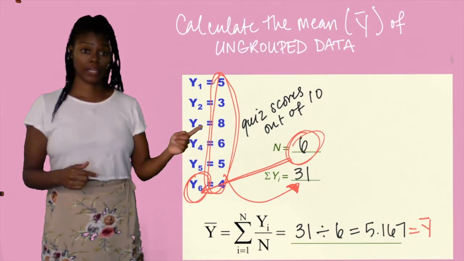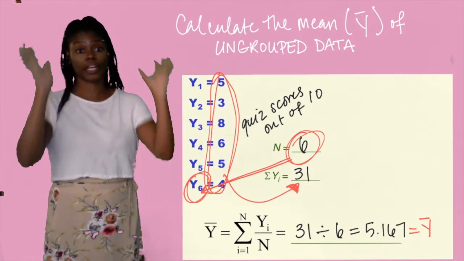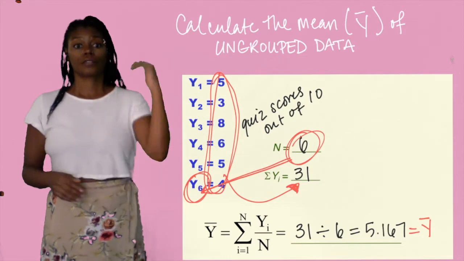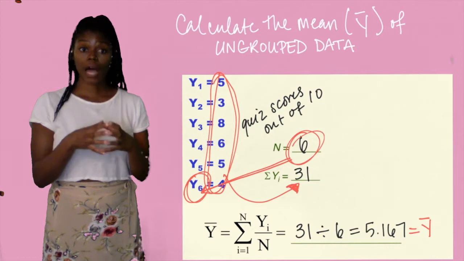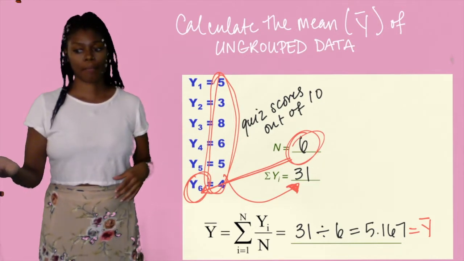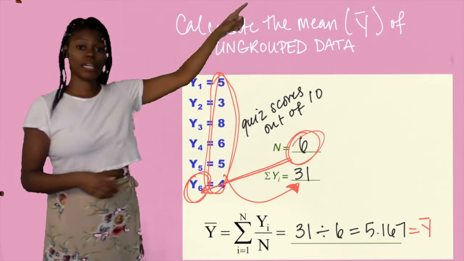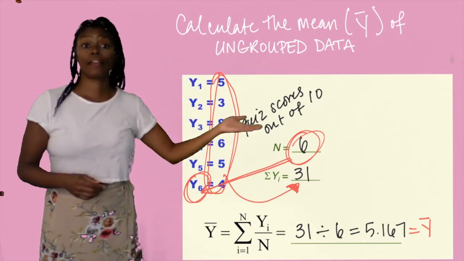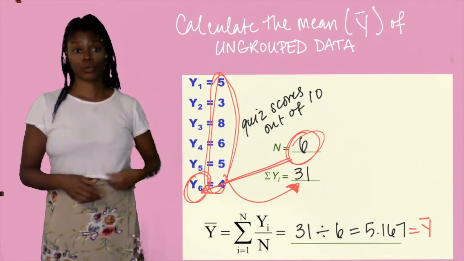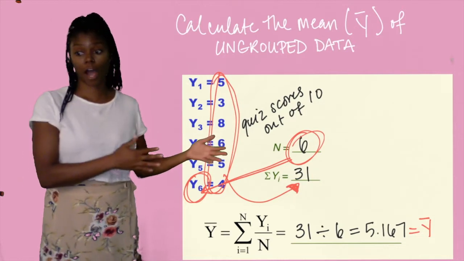That's what i equals 1 means. So we're calculating all the values starting with the first value, adding all of those up, and then dividing them by n. So here you see each of those values will be added and then we divide them by 6 because that is the total number of cases here. That's our n.